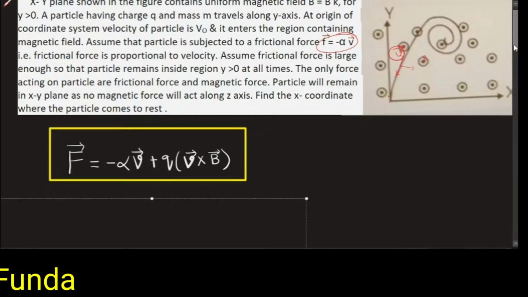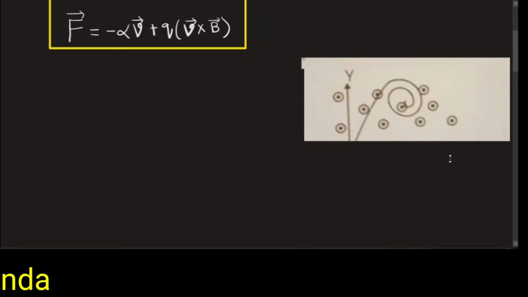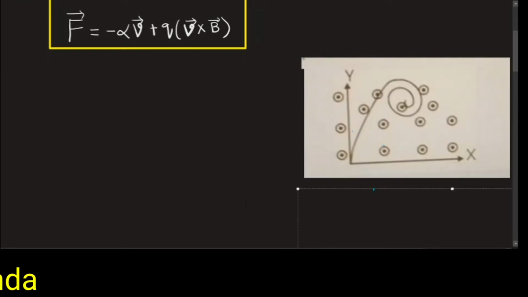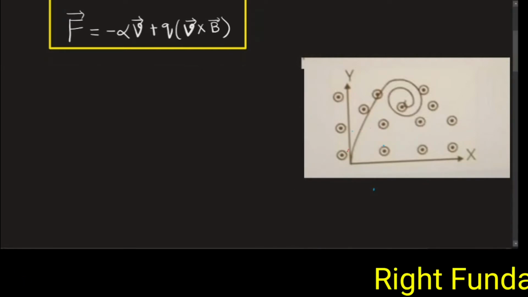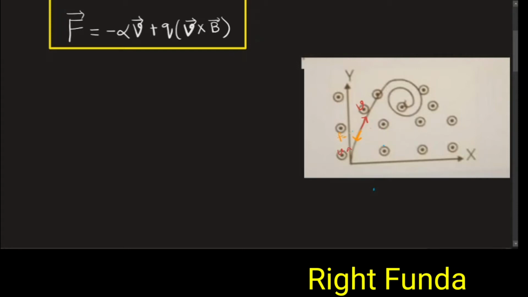So let's solve this problem. Let's take the diagram first. So this is my diagram here. Suppose the initial velocity was v0, but at any instant the particle is moving with an instantaneous velocity v. Then another force opposing this is the friction force, equal to alpha v in the opposite direction.